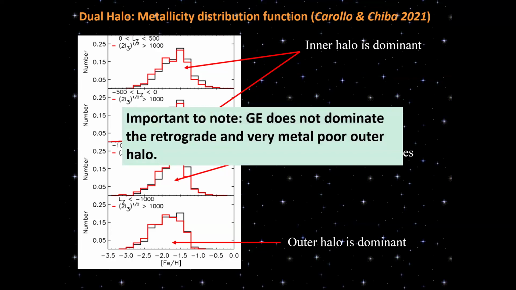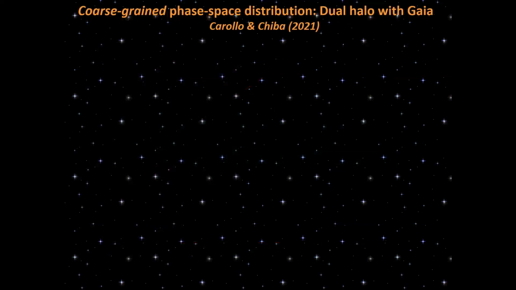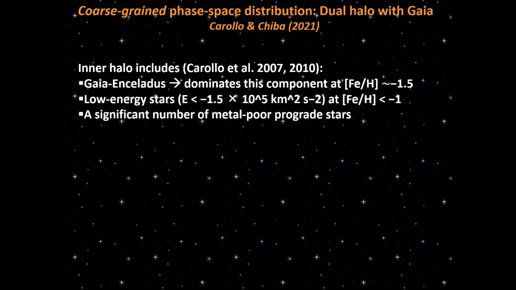So Gaia Enceladus does not dominate the very metal poor halo. We found in this paper in 2021 that the inner halo includes the debris structure that dominates the component in this metallicity range, but also contains low energy stars up to a metallicity of minus 1 that are missed by the high velocity cuts, and a significant number of metal poor prograde stars.